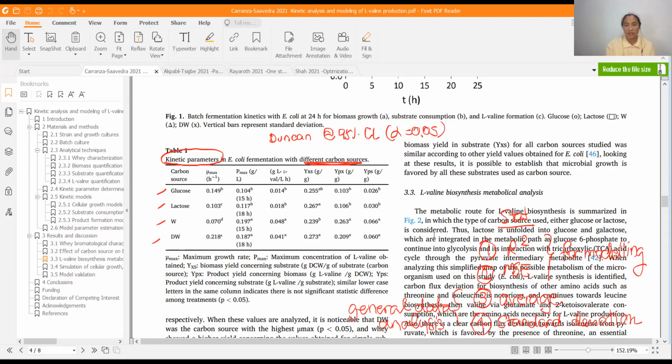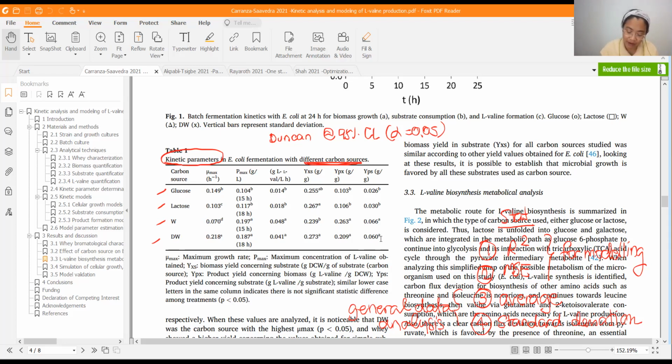So it's actually a Duncan multiple range test, and you probably need to know that it is t-test. They are comparing each category of the kinetic parameter and seeing whether they are significantly different.